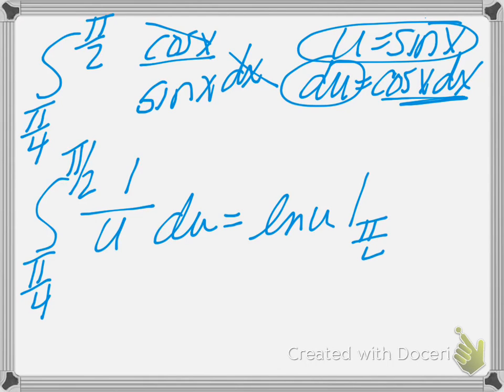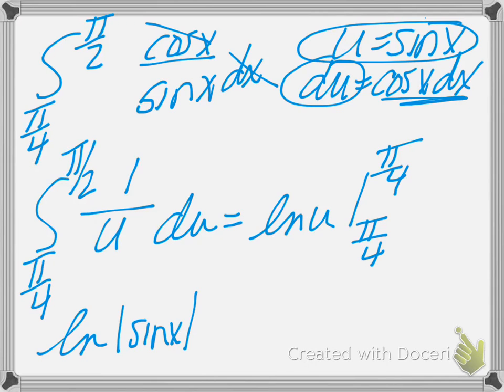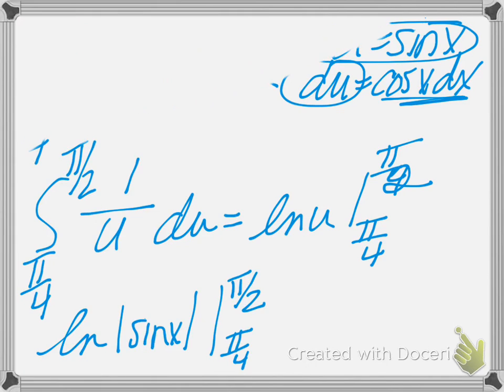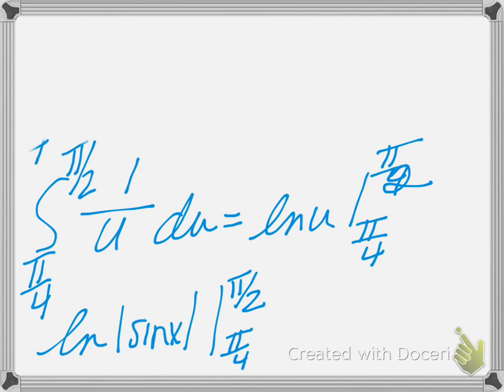So it goes from pi over 4 to pi over 2. And then I'm going to substitute in for u, and we get ln of sine x as it goes, oops, it's supposed to be a 2, from pi over 4 to pi over 2.